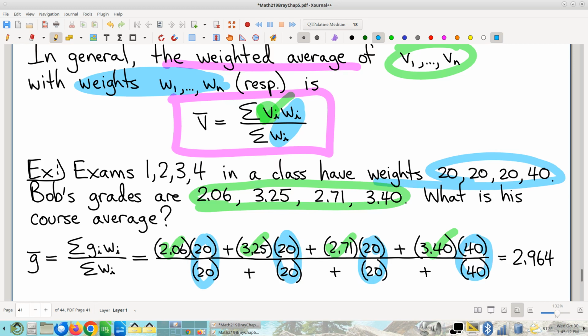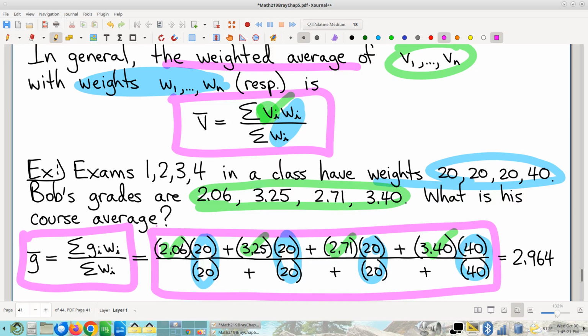This is how you compute Bob's weighted average by this formula, the arithmetic of which turns out like this, and Bob gets a B in the class, because this would be in the bin where 3.0 is the center of that bin. So this is a nice example of weighted average, and hopefully also helps y'all see exactly how grades are going to work in this course.